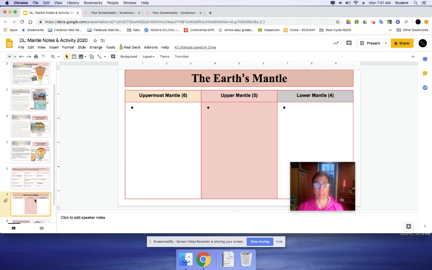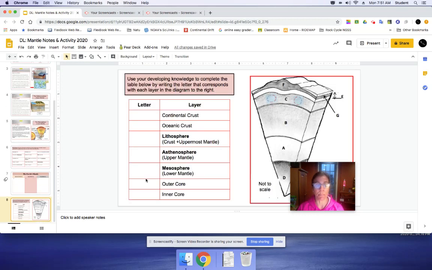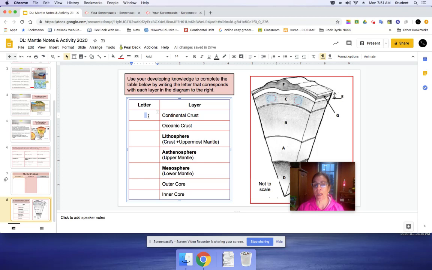And finally, boys and girls, for today's activity, I've provided you with a cross-section of our planet, and the cross-section is labeled with various letters. I would like for you to type the letter into the appropriate layer of the planet, so you're matching with the corresponding layer of the planet.